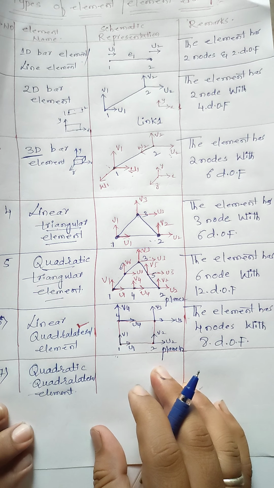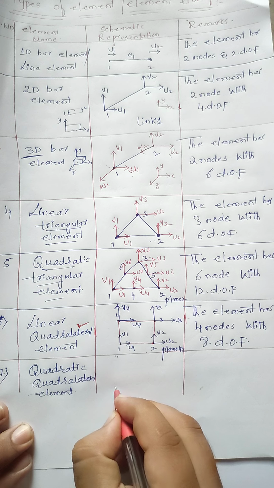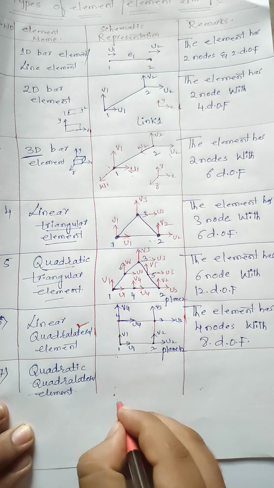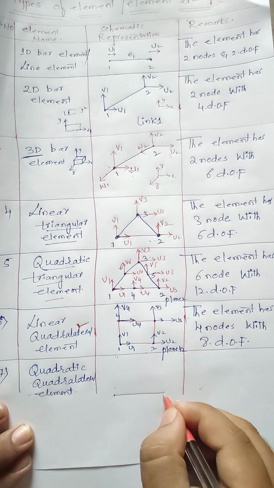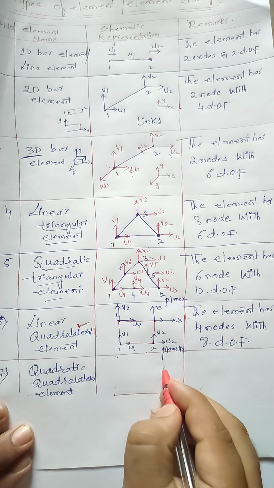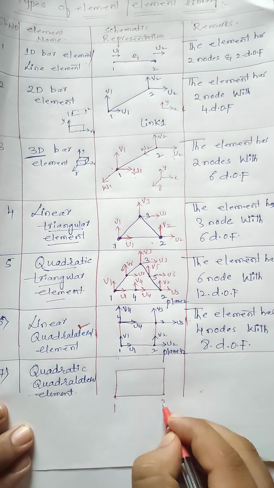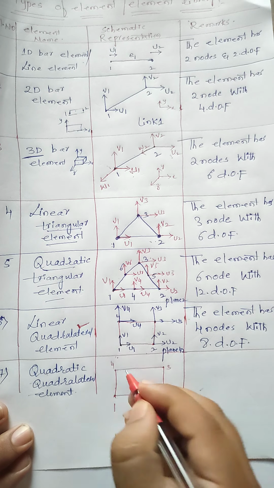Okay, so let us see over here. We are talking about the quadrilateral element. First node, same as the linear quadrilateral element, I am taking first node, second node, third and fourth. Is it right? This is the first node, second node, third node and fourth node.